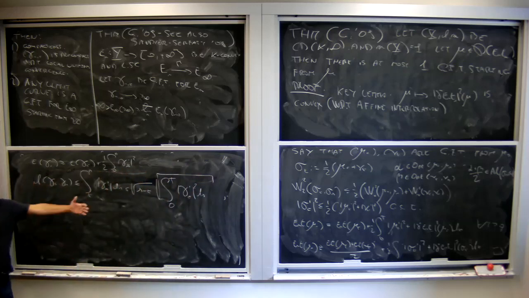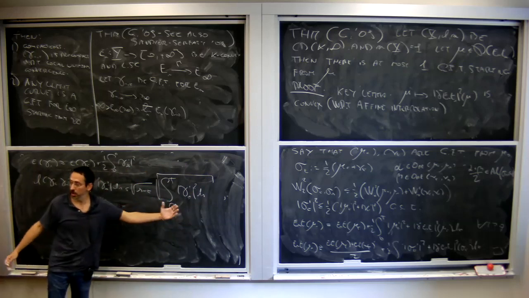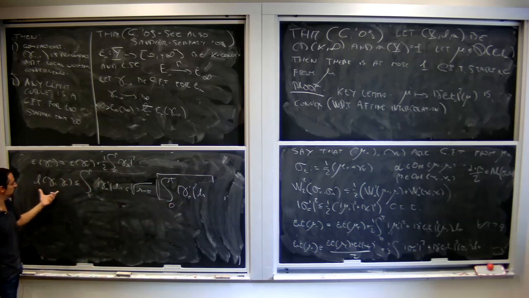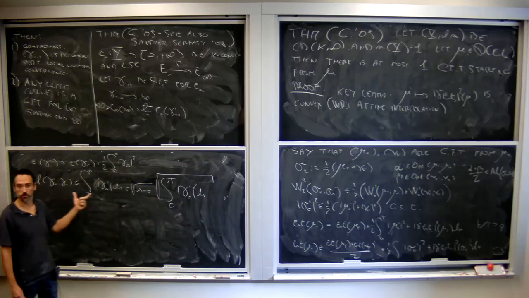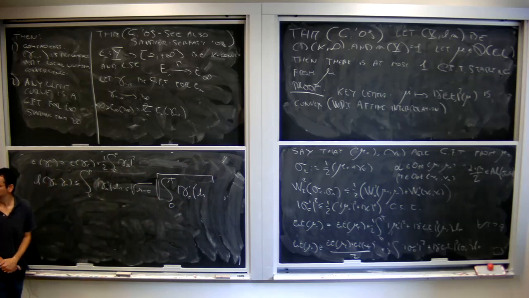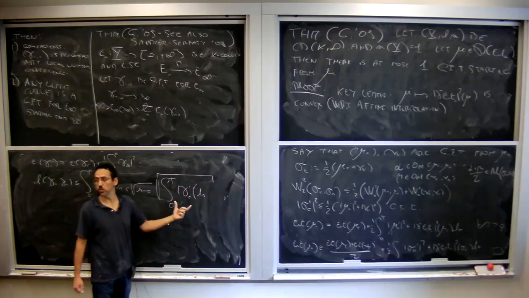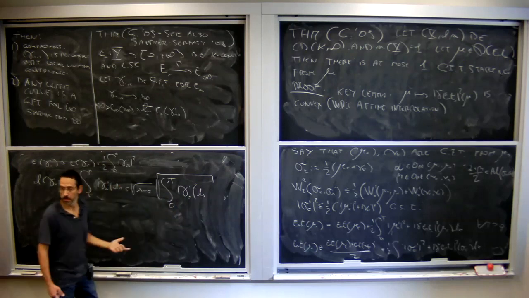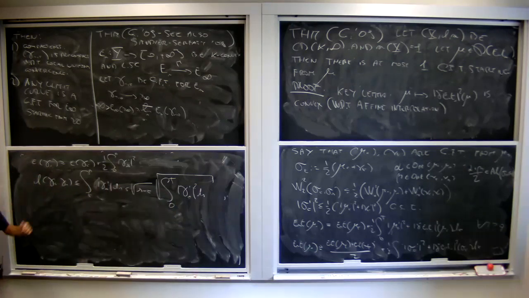See what I mean? So if I know that on a big interval, 0 to capital T, the energy is finite, on that interval I have an explicit Hölder continuity estimate for my curve. In other words, if I have a sequence of curves for which this quantity is uniformly bounded, this sequence of curves will be uniformly Hölder. They have values in a compact set, Ascoli-Arzelà, end of the compactness.